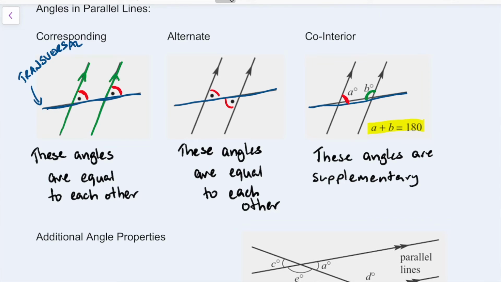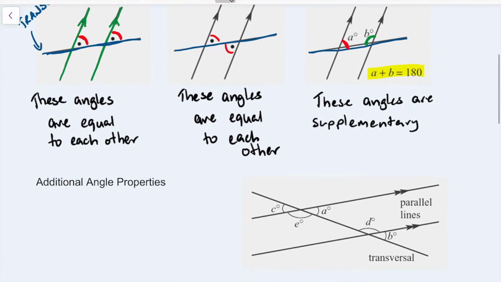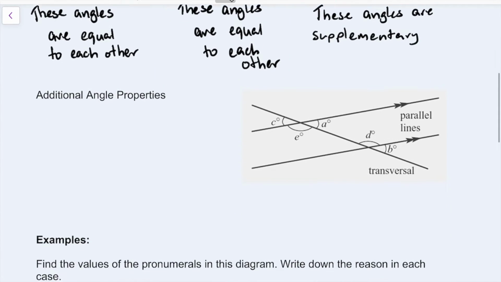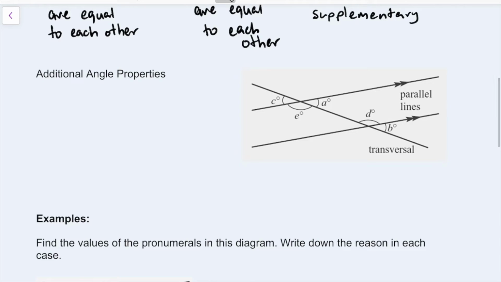Some extra bits and pieces around angle properties. We do have some other types of angles that we need to know about. First, we have the vertically opposite angles.